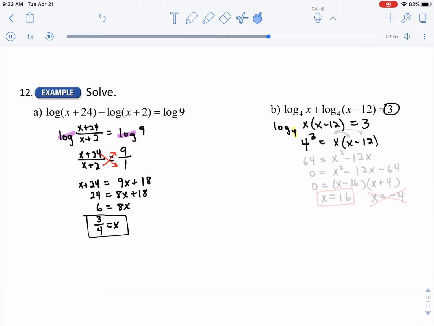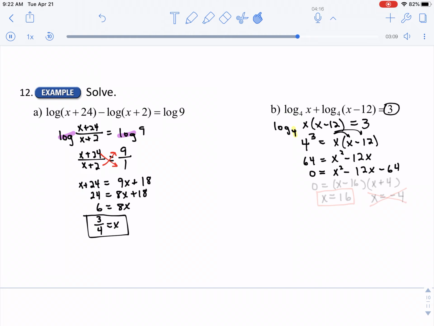Now 4 to the third power, that's 64. So 64 equals, distribute my x, and I get x squared minus 12x. Now I need to set this equal to 0, so I subtract 64 from both sides, and I get 0 equals x squared minus 12x minus 64.